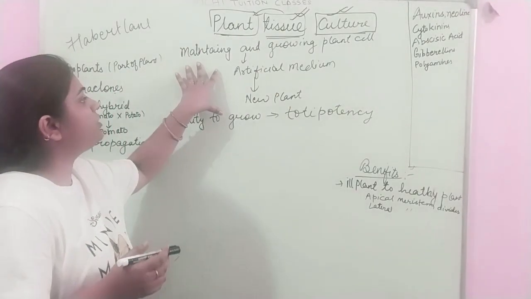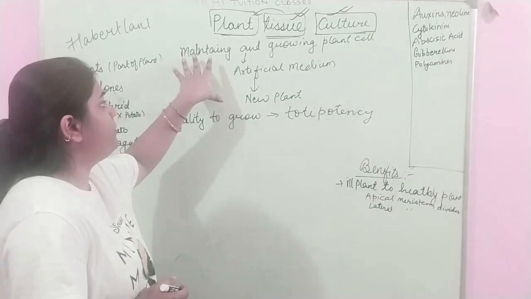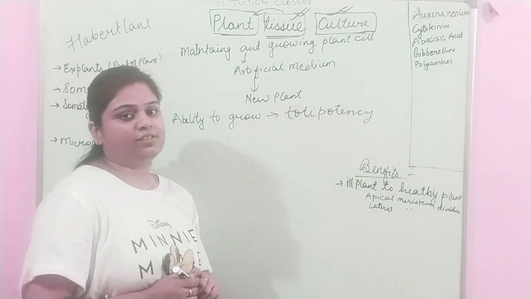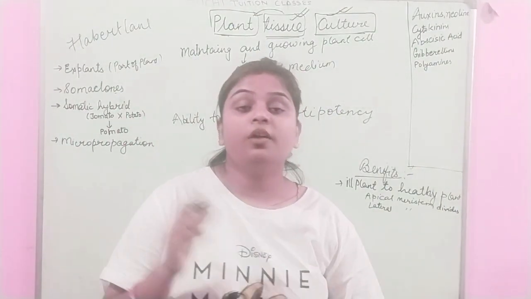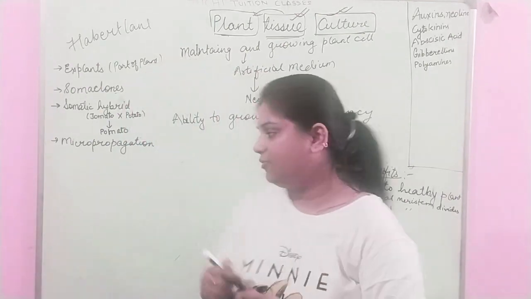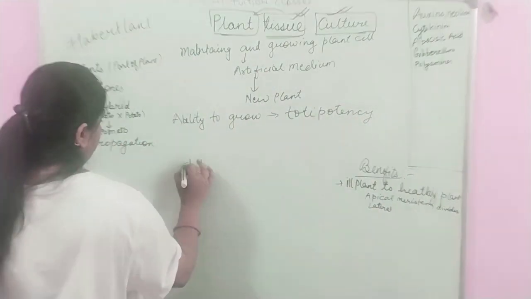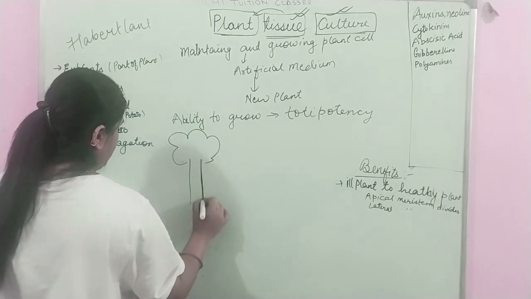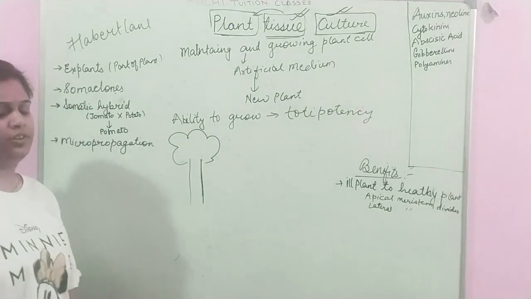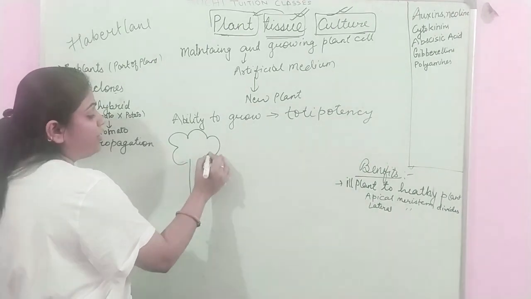So come to this line, maintaining and growing the plant cells. What we have to do is take a plant. Suppose we have taken a mango tree, or a banyan tree, a lychee tree or any tree.